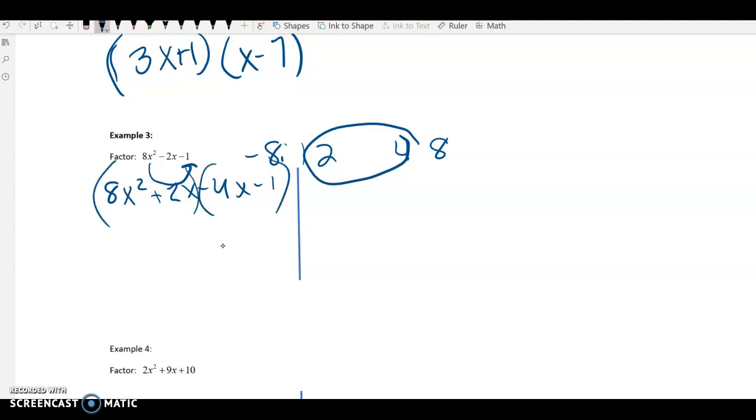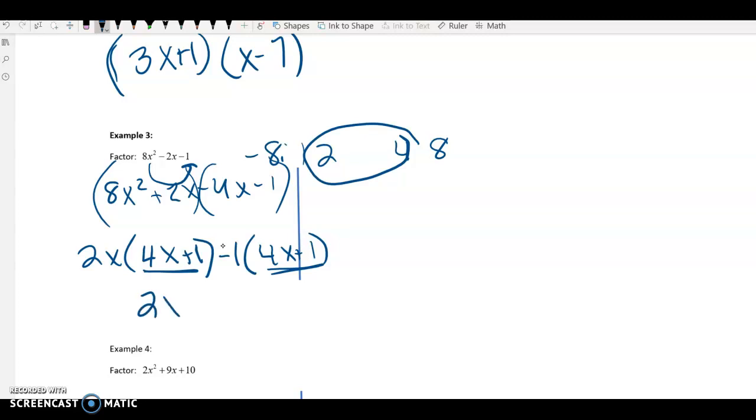I'm going to pull out a 2x for my GCF of this first binomial. I'm left with 4x plus 1. I'm going to pull out a negative 1 from the second binomial, and I'm left with 4x plus 1. I want these to match up. So I'm left with 2x minus 1 and 4x plus 1 as my two binomials.